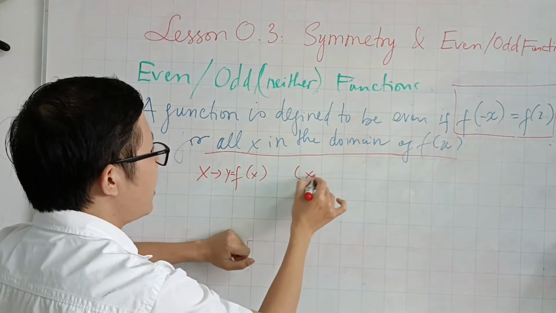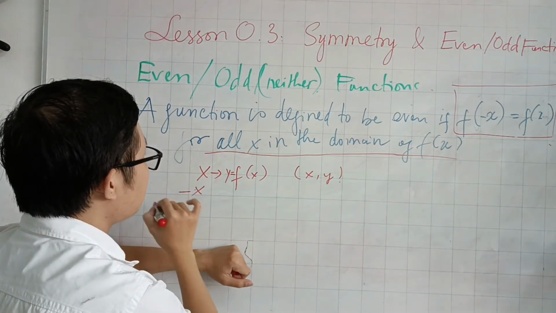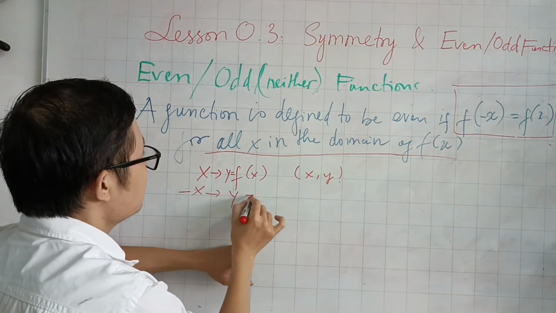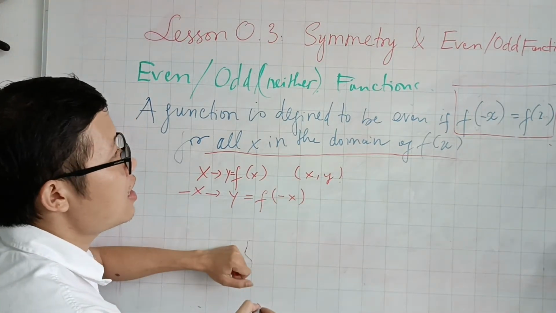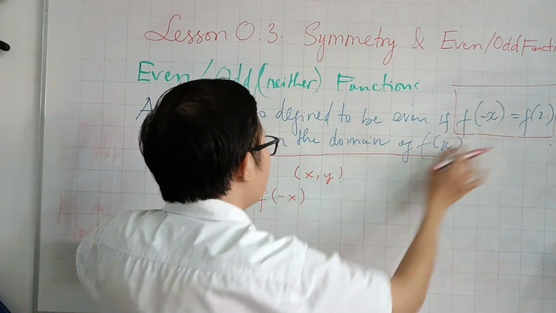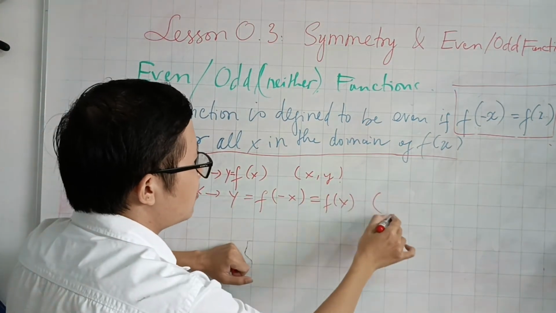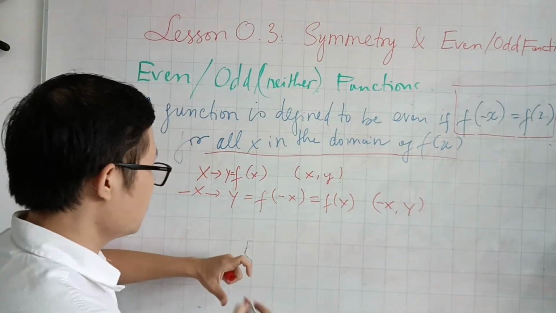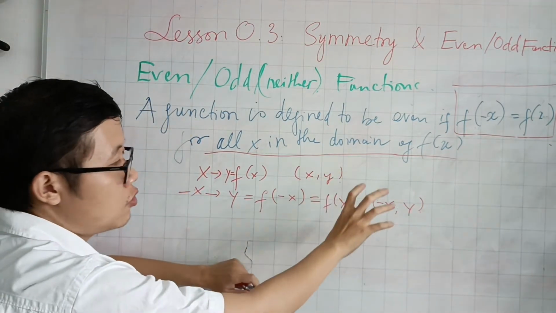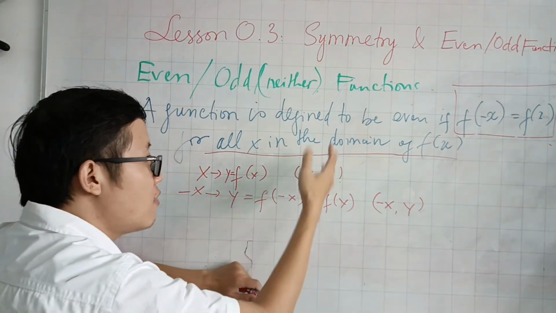When we have negative x, we have y equals f(-x), and f(-x) equals f(x). So we have the point (-x, y). So the graph has 2 points, (x, y) and (-x, y).